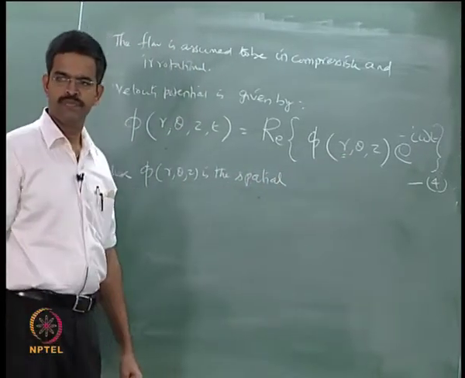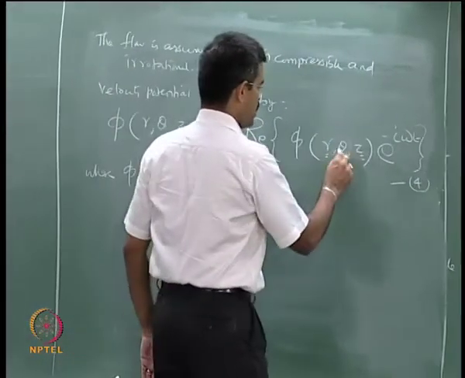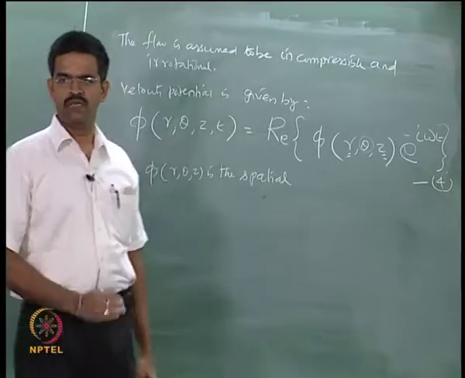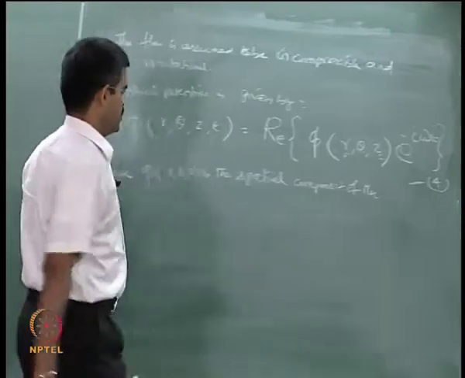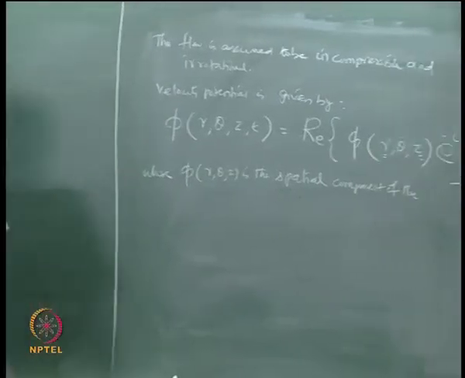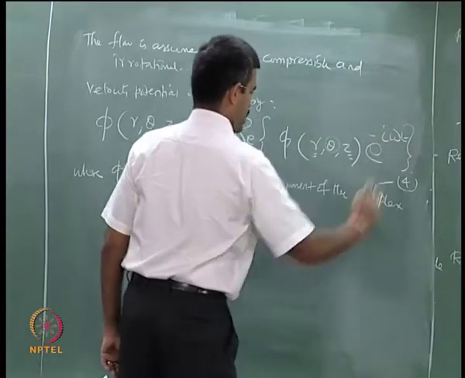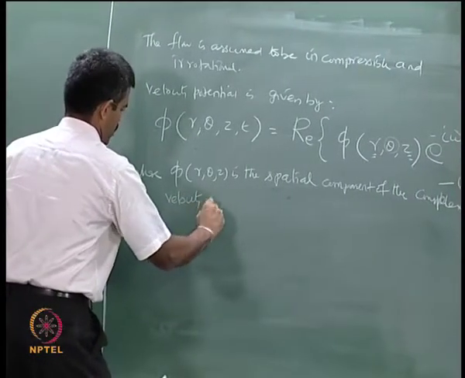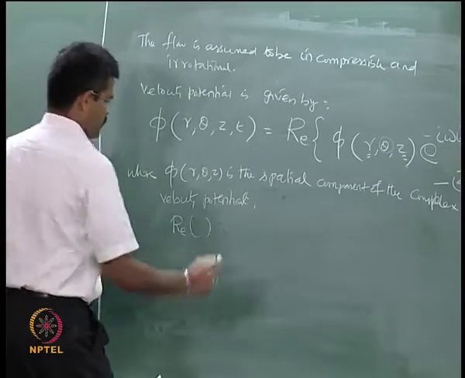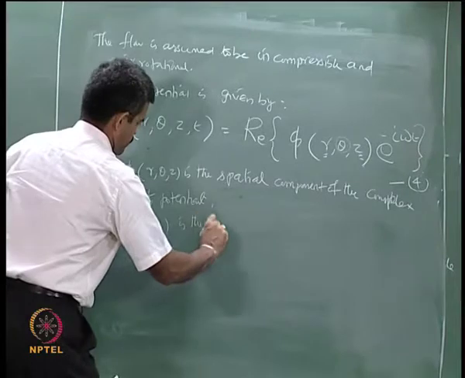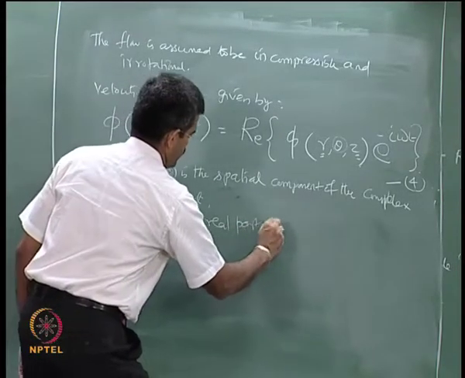You can see here r is the radius, z is the position along the depth of water, and theta is the angular direction, okay, and the phase lag is the spatial component of the complex velocity potential, because it is e to the power i omega t, and Re of the argument is the real part of the velocity potential.